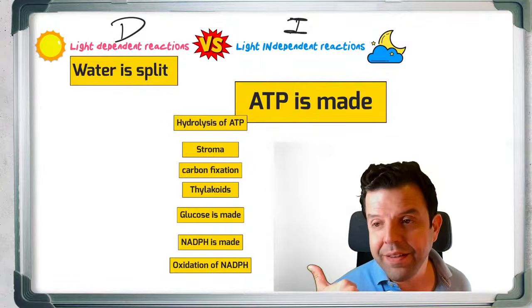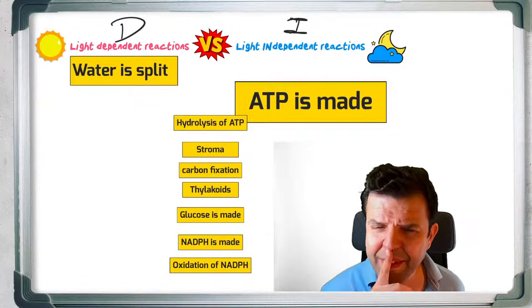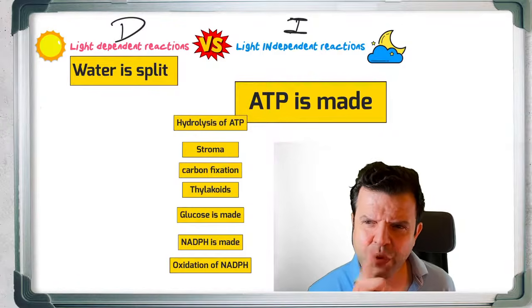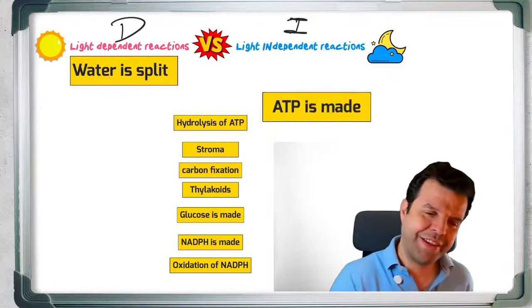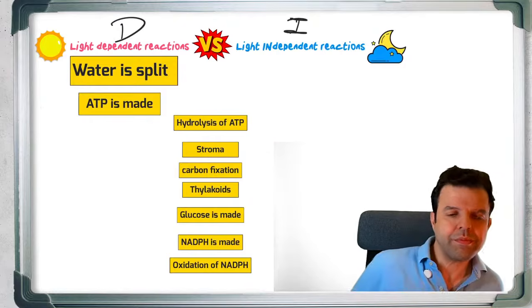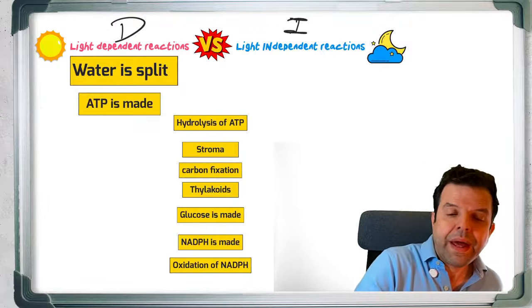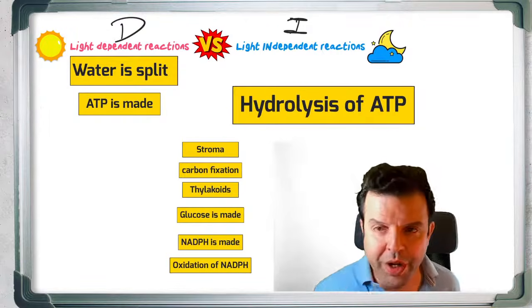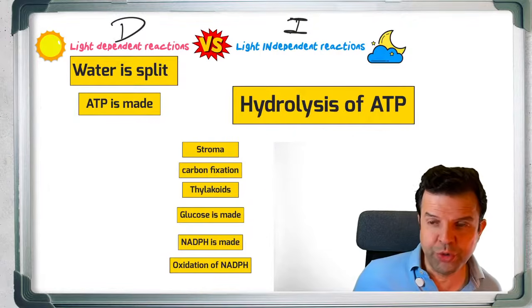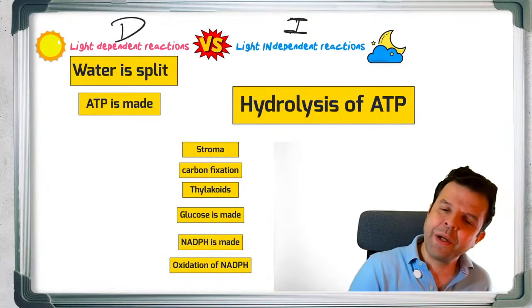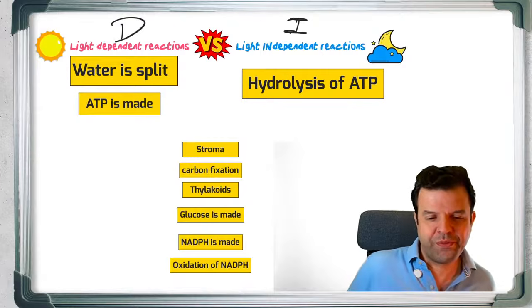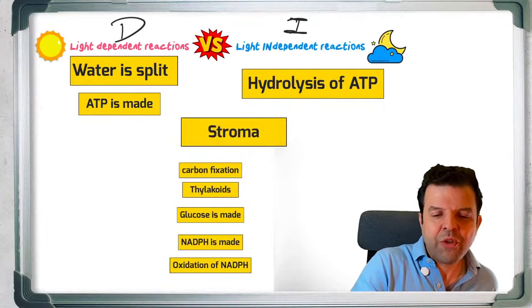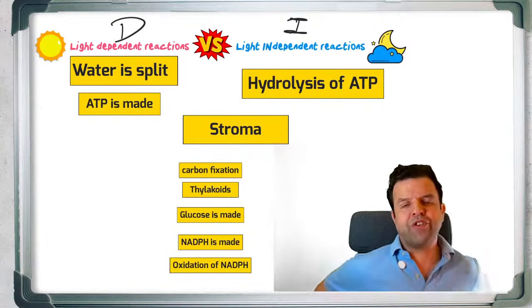ATP is made. Where did I make the ATP? Was still there, right? ATP is broken down. Where is ATP consumed? We make it there, break it down here. Stroma was for which reaction?